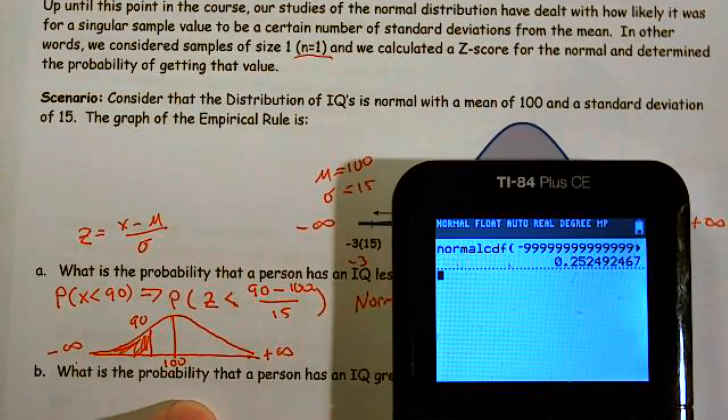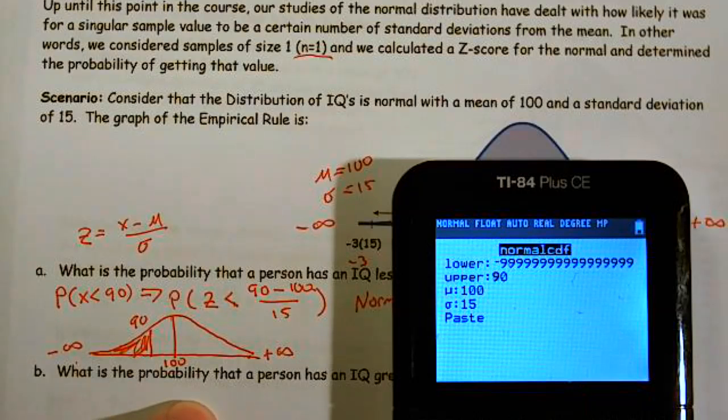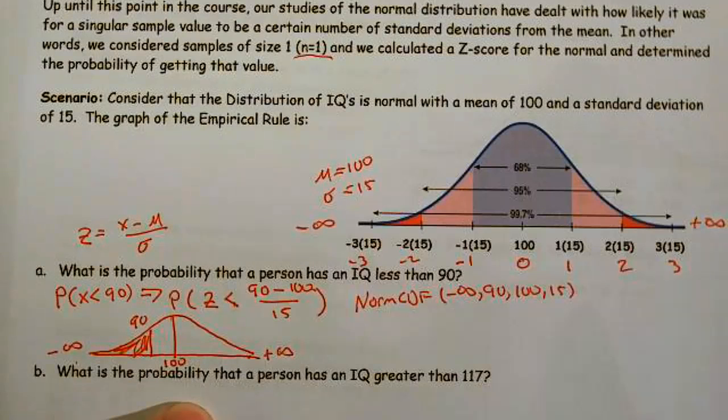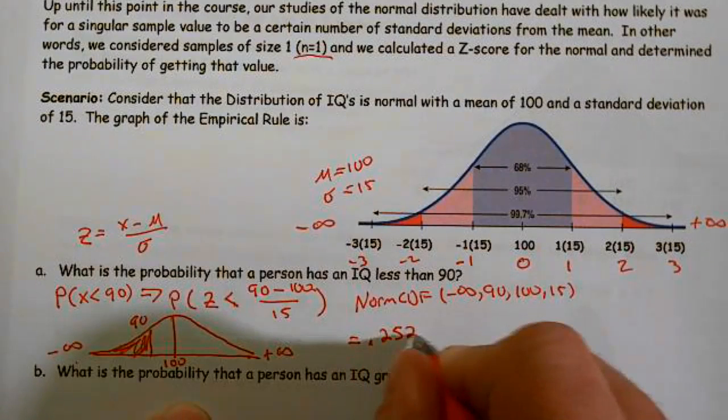At least I hope I do. Let me do that one more time. Second vars, normal CDF, 90. Yes, 0.2524, and please note I truncated. So this would be my answer, and this would be my work shown, and we'd be very happy with that.